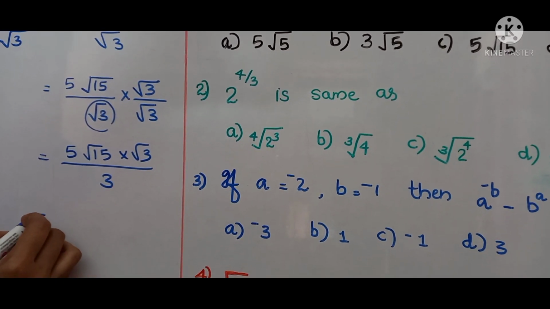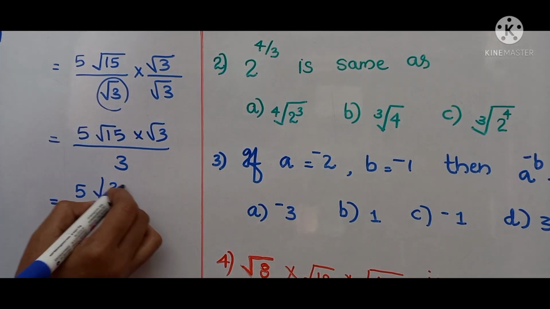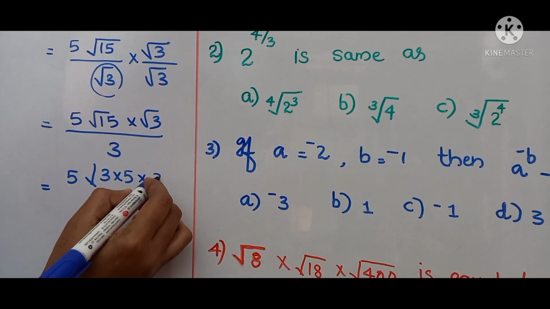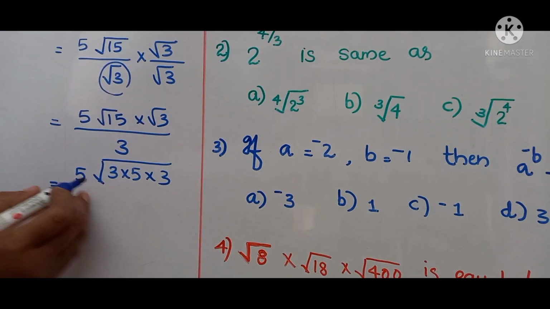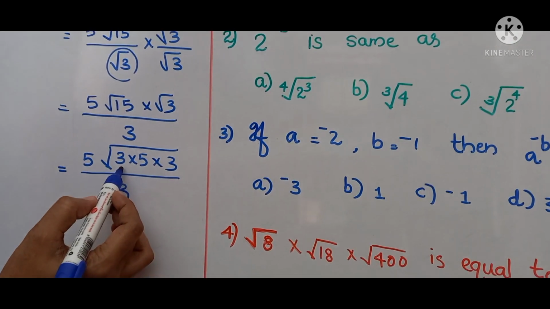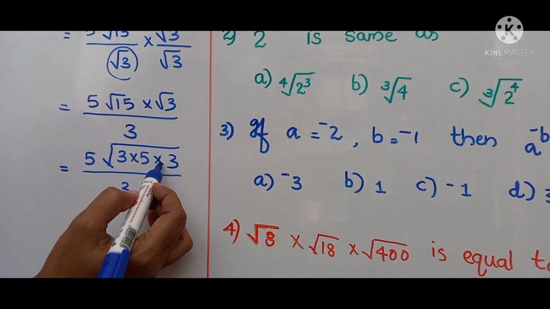Then that is equal to 5 into root of 3 into 5 into 3, together divided by 3. 15 we have written as 3 into 5, then this root 3 together we have written into 3.